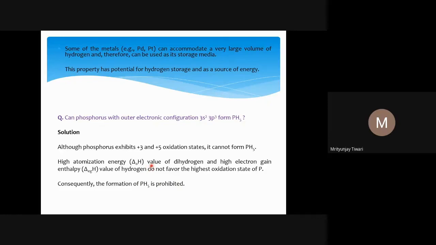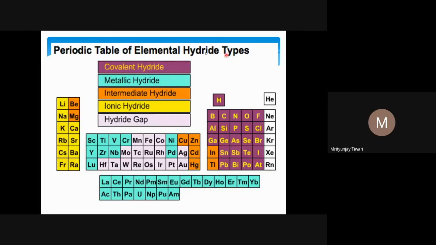Negative means energy is released, so this is not thermodynamically favorable, and the compound is not stable. Since this compound is not stable, it doesn't form. This PH5.